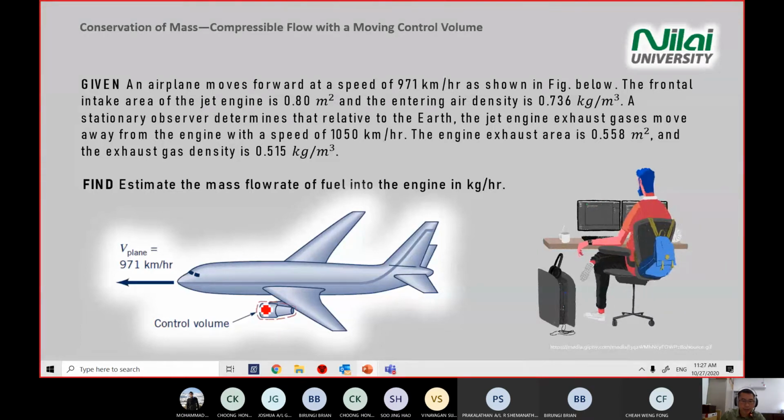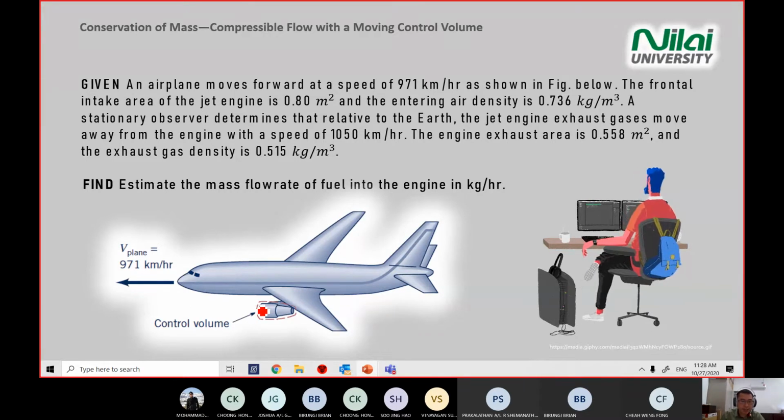Your A is given as 0.8 square meters. Entering air density is given. So density now is given already. Previously, we did not see this number, but now it is given because density changes when you have a moving control volume.